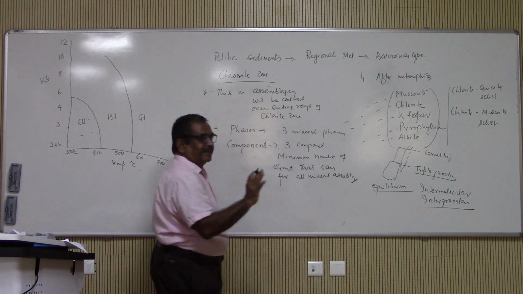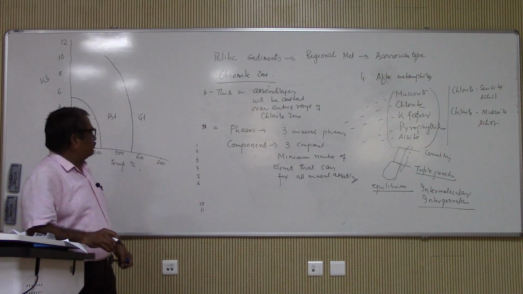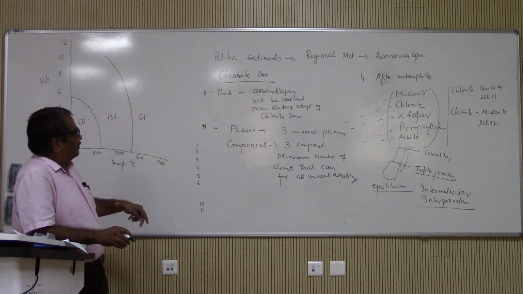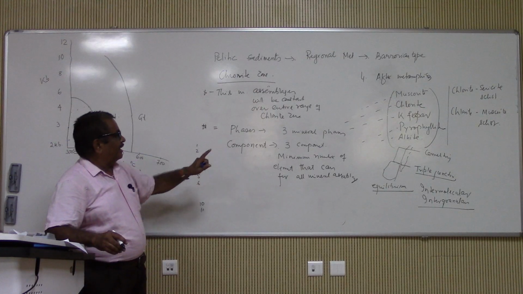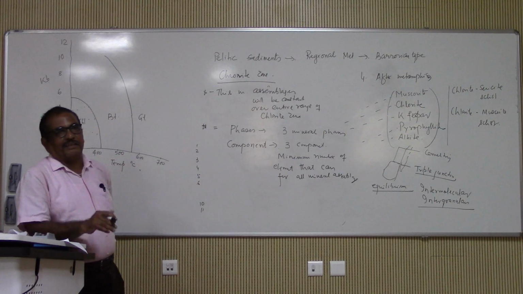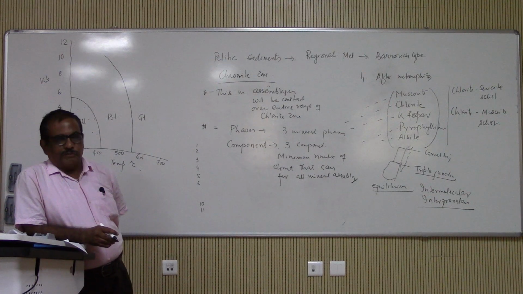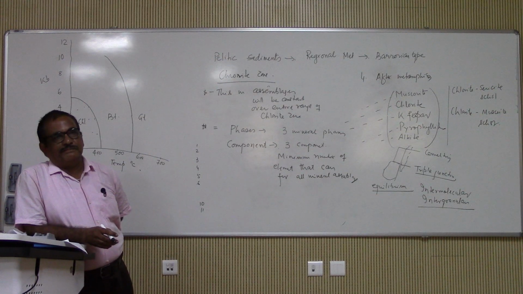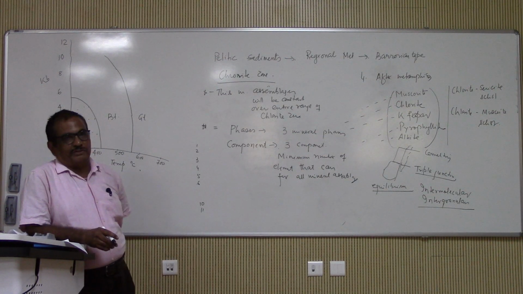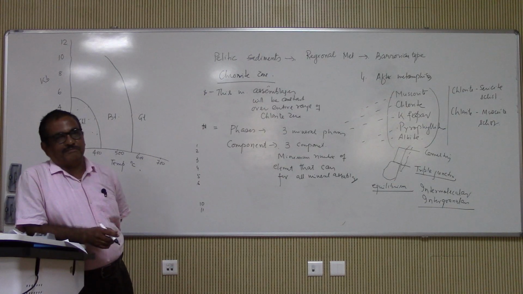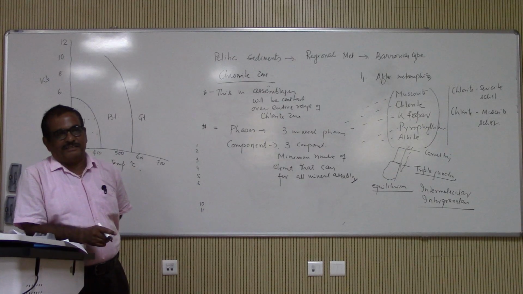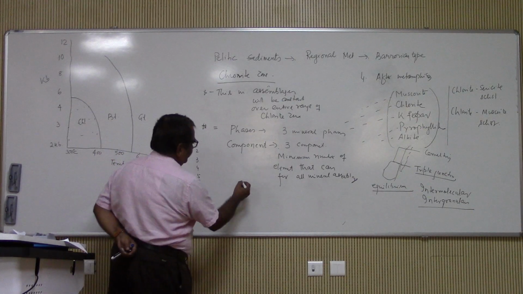उसको बोलते हैं कंपोनेंट. आप जो क्लोराइट जोन में इतना मैंने दिया आपको, सो कंपोनेंट्स आप 3 लेना, फेजेस आप 3. That can produce all mineral phases. इसलिए हम पहले डिस्कशन किया था. What are those components?